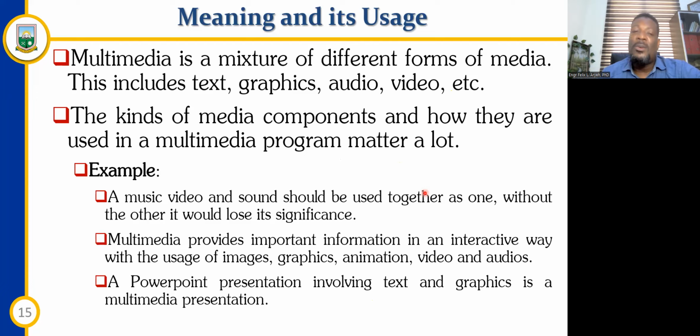But most of the multimedia things we talk about relate to things that are digital and electronic. So the text, the graphics, the audio, the video, like seeing me in movies and all of that, all relate to multimedia. These are different forms of media. If it is one, it is a medium, because we are dealing with media, so multimedia.